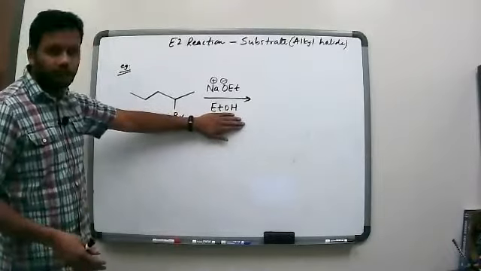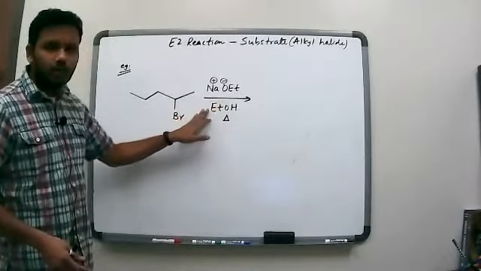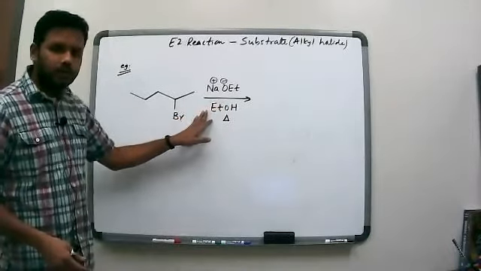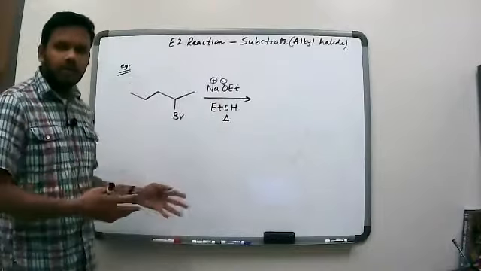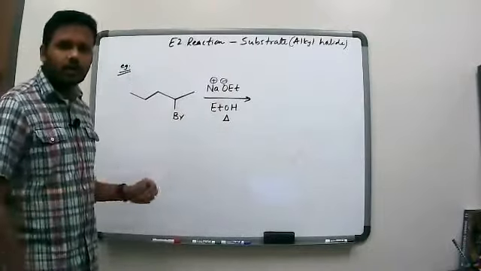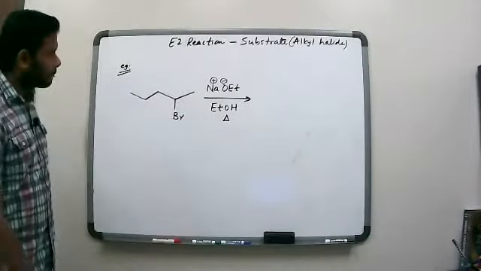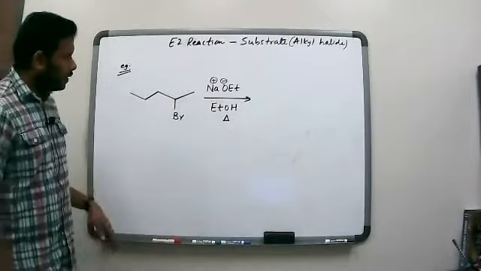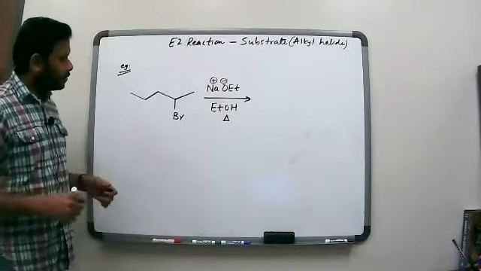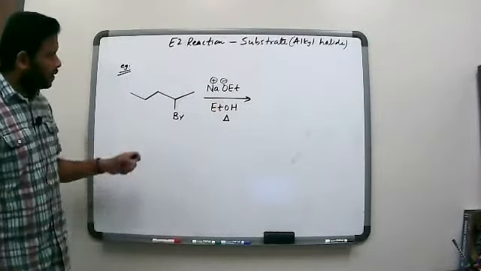Now, sometimes heat may not be shown, so pay attention to the polar protic solvent. And then towards the end, we will sum everything up and we'll see what are other things that would help us identify whether it is SN2 or E2. Okay, so we do this reaction here.